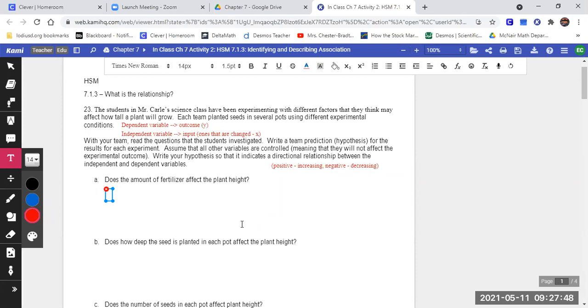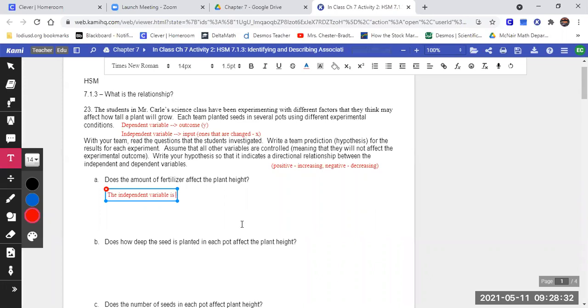Think about which one of those you would control. That's going to be the one that's doing the change. That's going to be the independent variable. Which one of those two things, fertilizer or plant height, do we have control over changing as humans, that we have control over? The fertilizer.